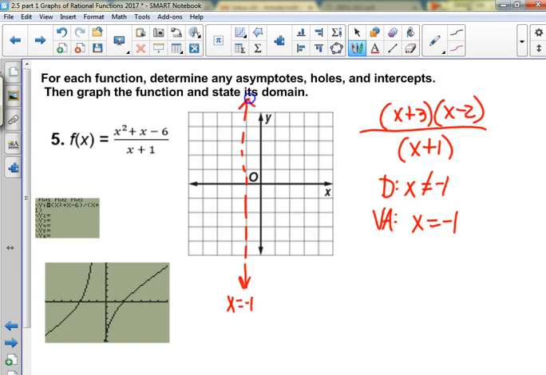Okay. What do we do next? According to your sheet, because there was no hole, go down the brown sheet. Horizontal or end behavior. It is degree 2 over degree 1, so we have to do what? It's top heavy, we have to divide.